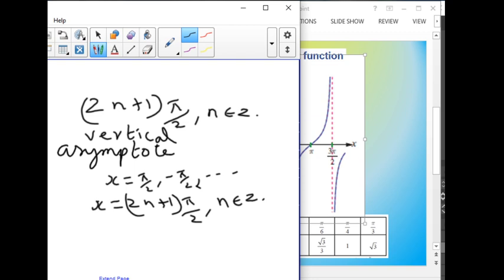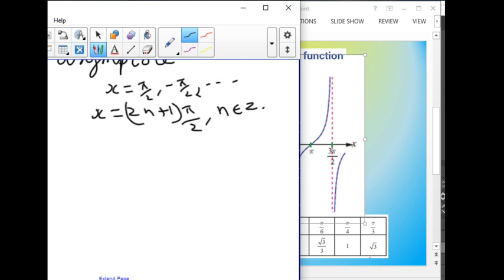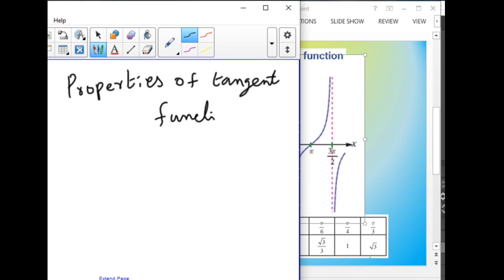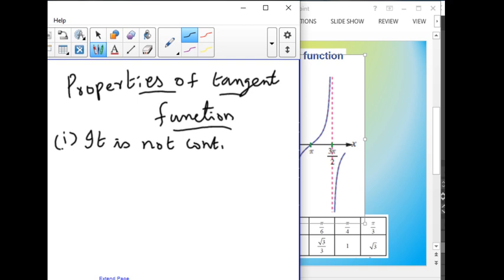So, now we will see the properties of the tangent function. First property, the graph is not continuous, or we can also say that it is discontinuous.